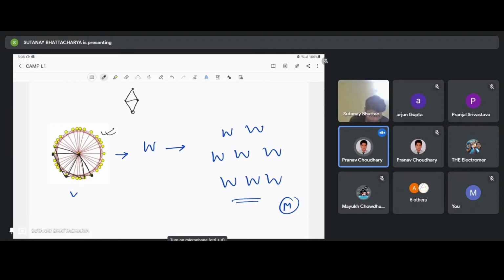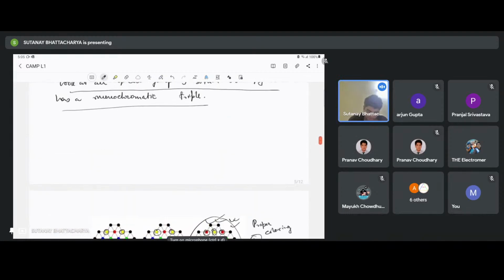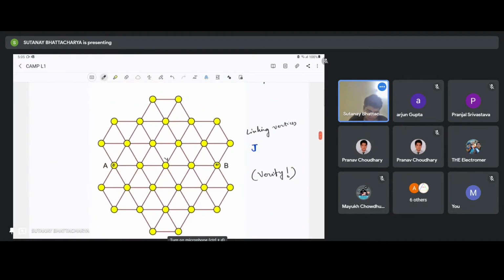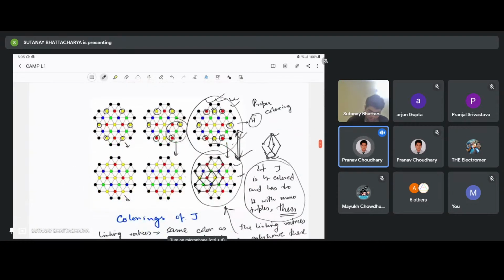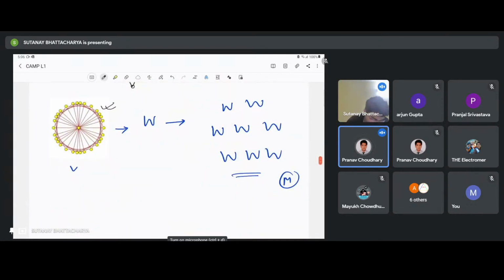Doesn't this look a bit like that J, in which you marked the 6 points which have yellow or red color only? To refresh your memories, this was our J, linking vertices with the center. It's effectively a circle.